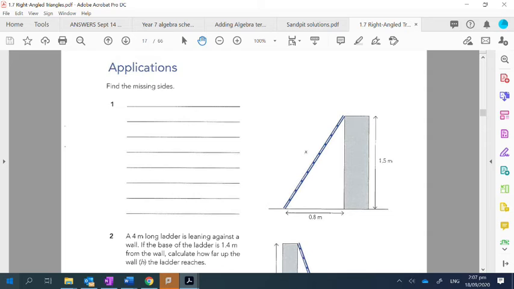If you can identify which piece makes which piece of the triangle, then you can do any of these application problems very easily. Notice that the wall and the ground are where the 90-degree angle is. The ladder will always be at an angle, so the ladder will always be your hypotenuse, right?